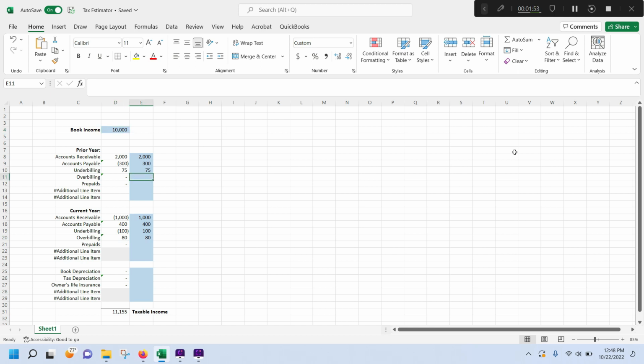You come here to the prior year effect and assume $90 was the overbilling in the prior period. That's a reduction. With a net impact of $10 affecting your taxable income.